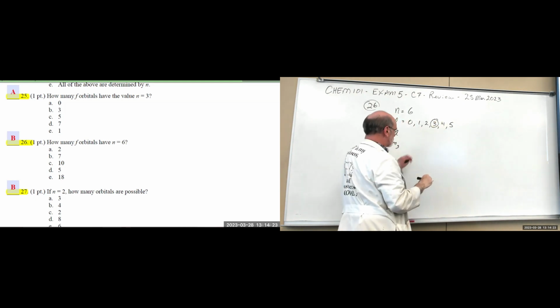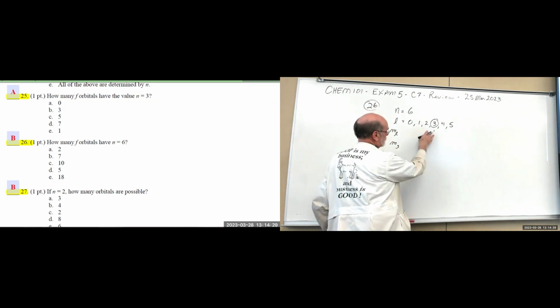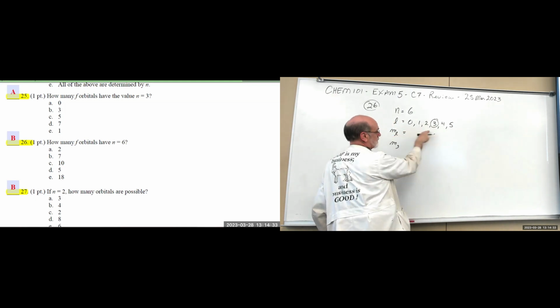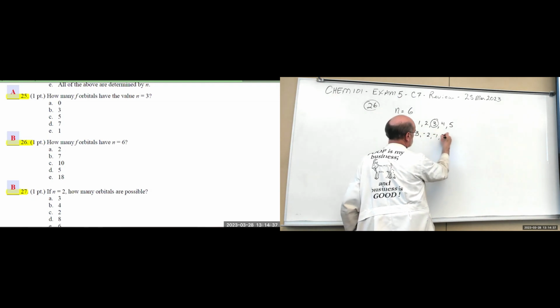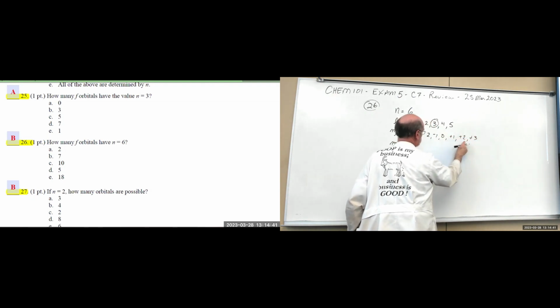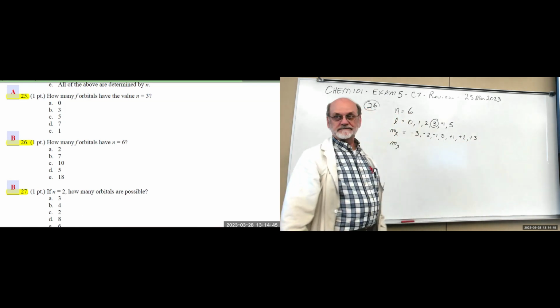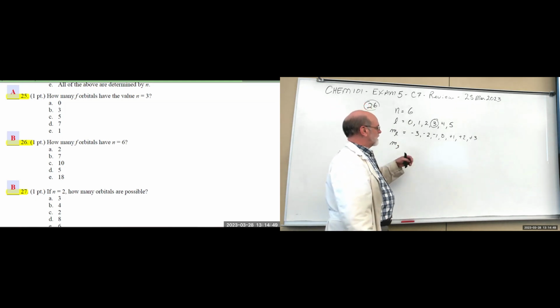So there you got your F orbital. How many F orbitals have n equals 6? So how many of these can you have? Well, we go to the m sub l level, right? -3, -2, -1, 0, +1, +2, +3. 1, 2, 3, 4, 5, 6, 7. 7 orbitals. Okay, B is the answer.